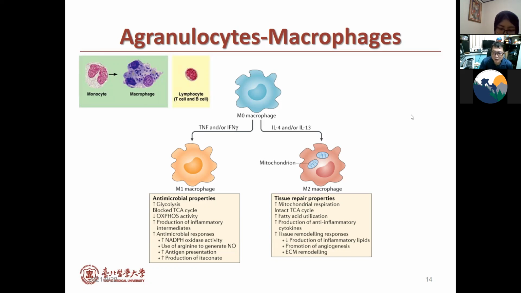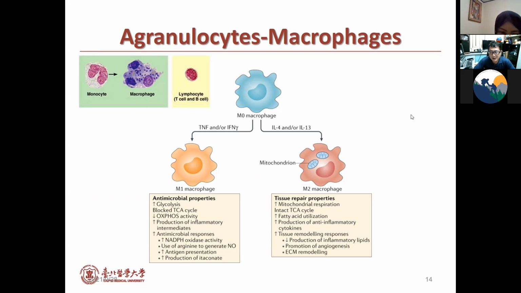So a lot of scientists working on cancer biology found a lot of M2 macrophages around the tumor and in the microenvironment, which do not kill the tumor but help the tumor cells with progression and migration.